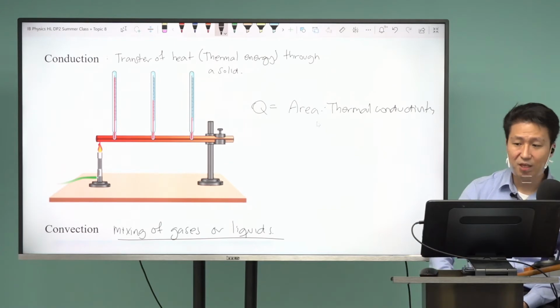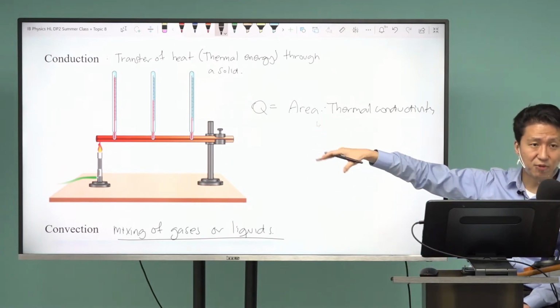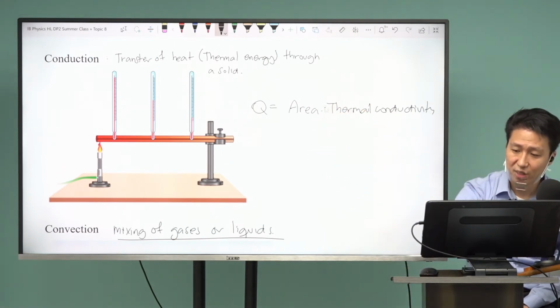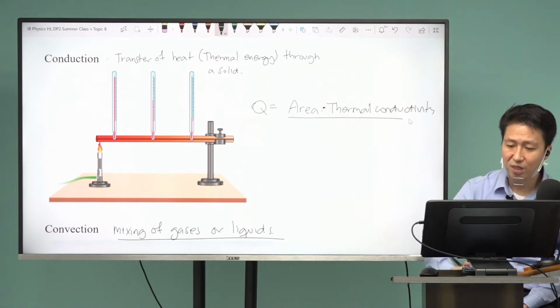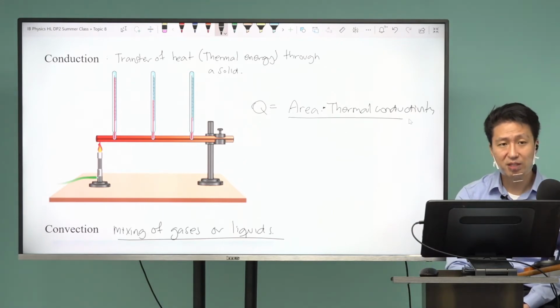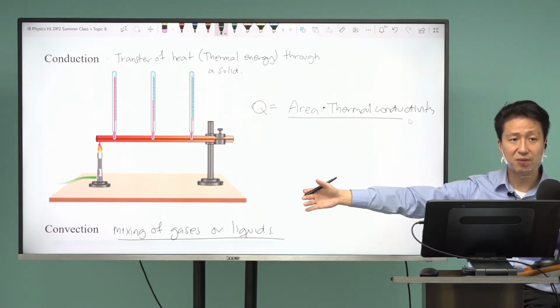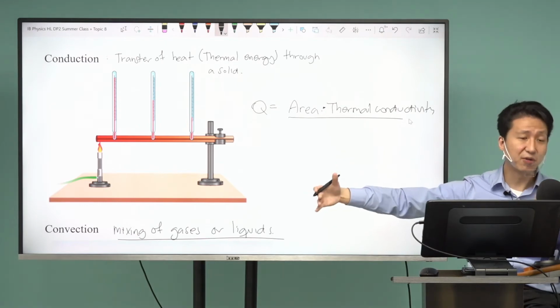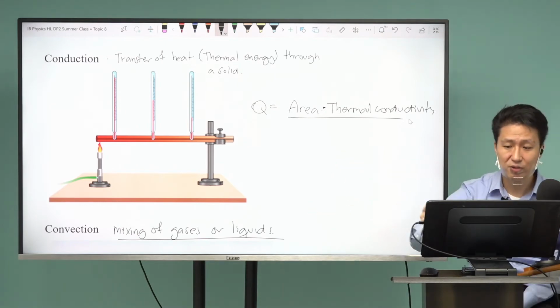Higher thermal conductivity like metals will transfer heat faster. It's inversely proportional to the thickness. Thicker objects make it a bigger barrier for the heat to pass through.